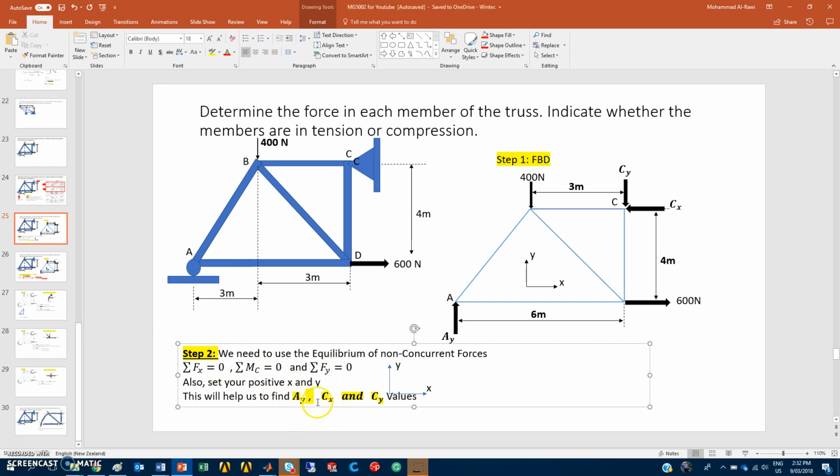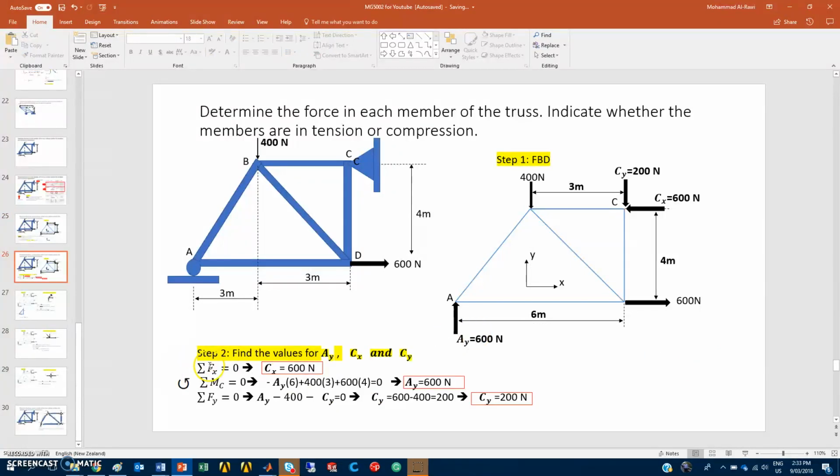This will help us to determine the values for AY, CX, and CY. Always we need to assume the direction of positive and negative. So when I put this here, it represents that the positive direction for X is going in that way, and the positive direction for forces in the Y direction is that way, the vertical and horizontal.